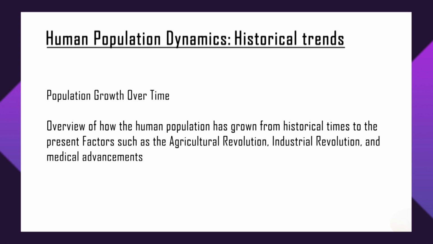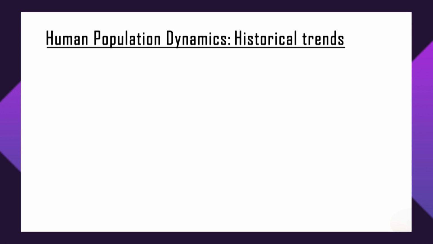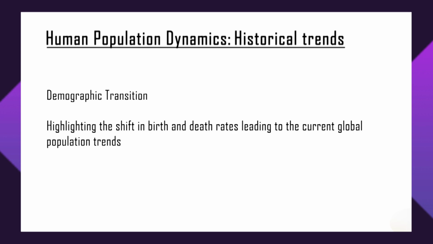Factors such as the agricultural revolution, the industrial revolution, and medical advancement are very essential in understanding human population transition. In this category, let's also talk about demographic transitions. These highlight the shift of birth rate and death rate leading to the current global population trends.